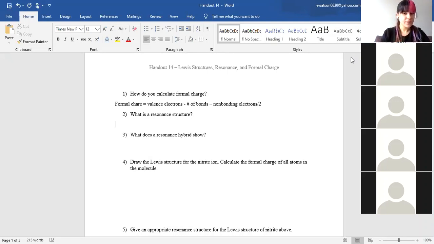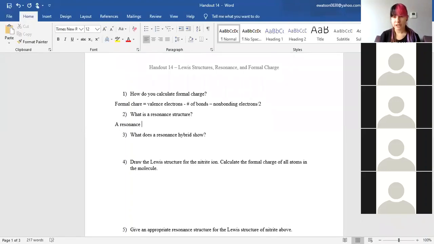So a resonance structure, its purpose is to show the movement of electrons. Specifically, we're going to be talking about the movement of electrons between double and triple bonds.